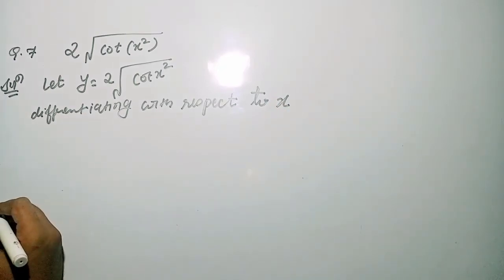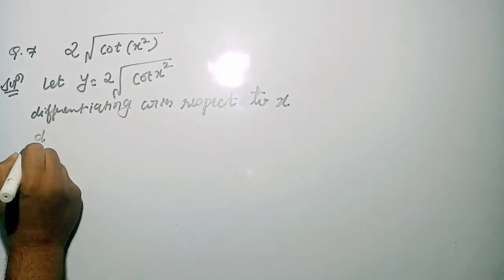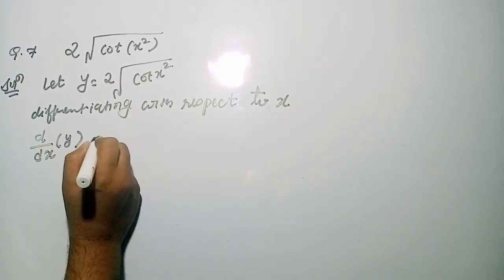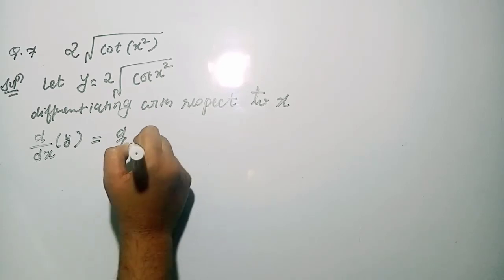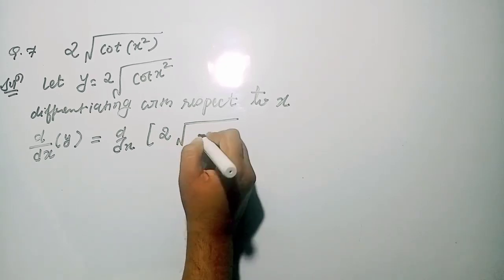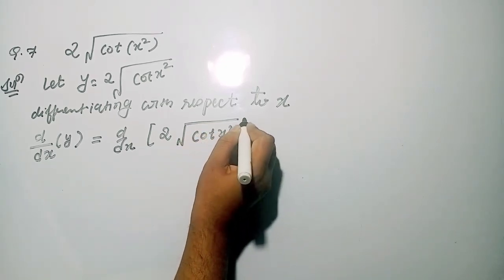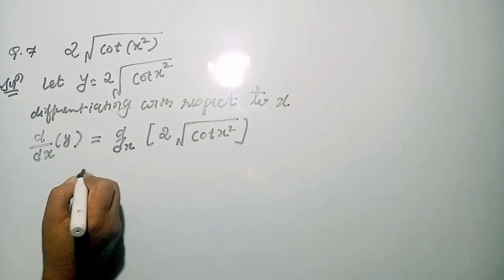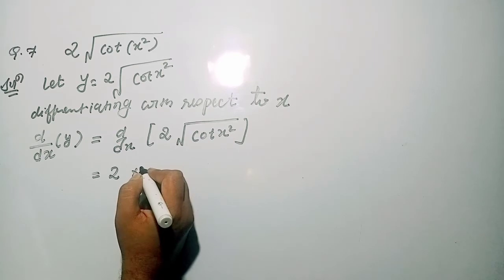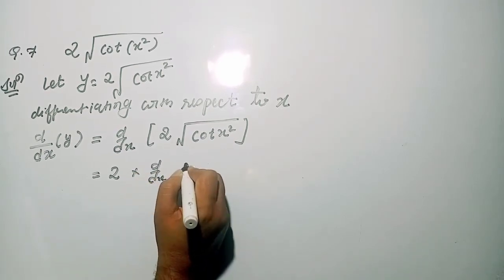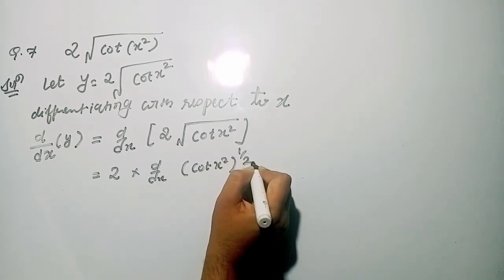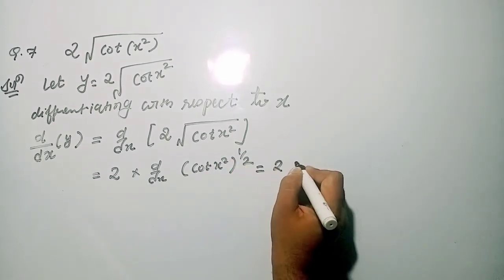So we are writing dy by dx equals 2 into root cot x square. 2 will be constant, so we take it outside, so d by dx of cot x square whole to the power 1 by 2, because square root can be written as whole to the power 1 by 2.